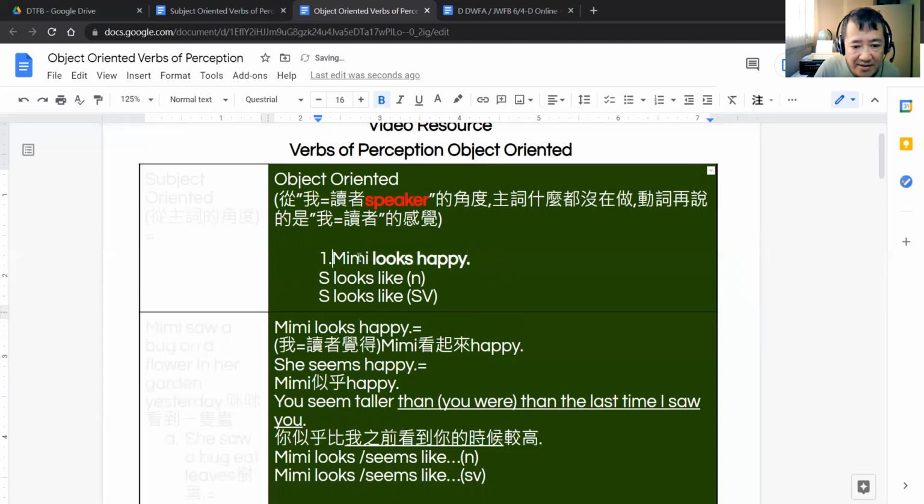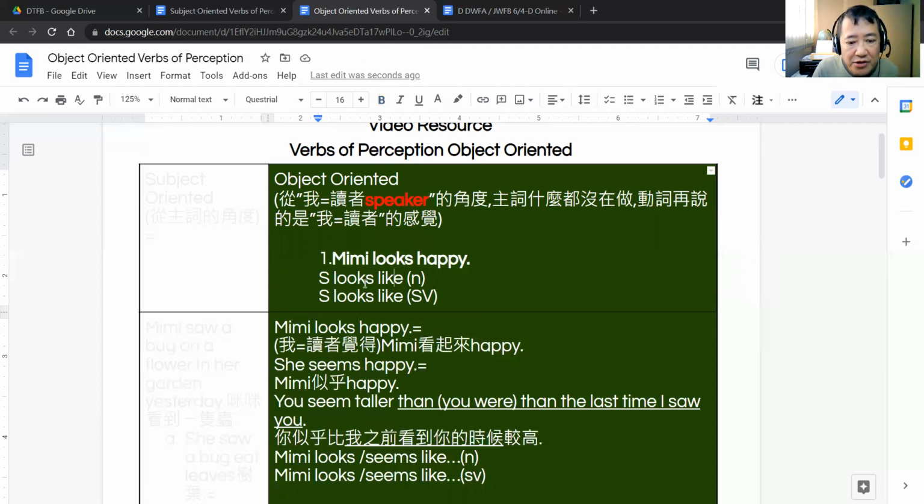Voila, we have the sentence, Mimi looks happy. Okay? And what does this sentence mean? It means the speaker, I, think Mimi looks happy. I think she looks happy. All right? Mimi is not doing anything. She looks happy.